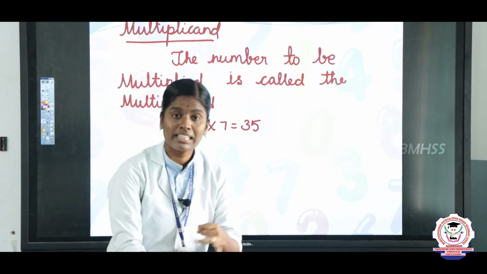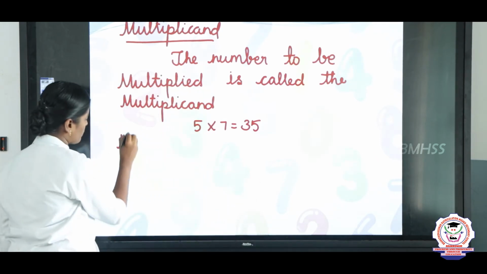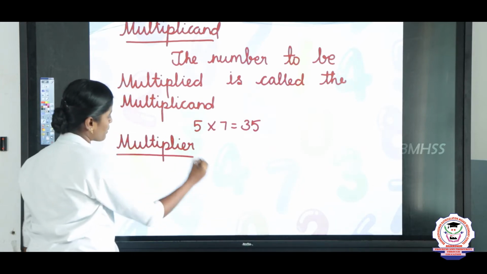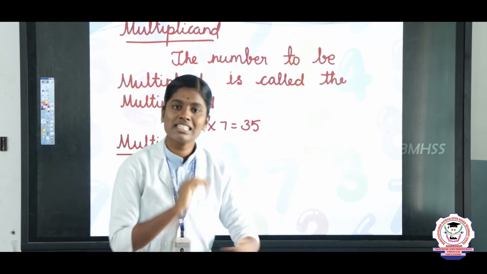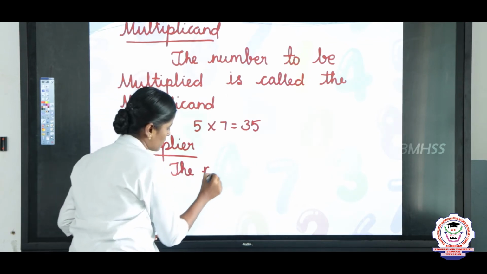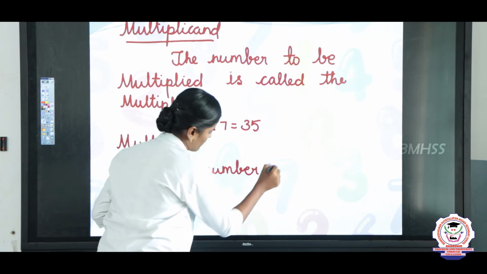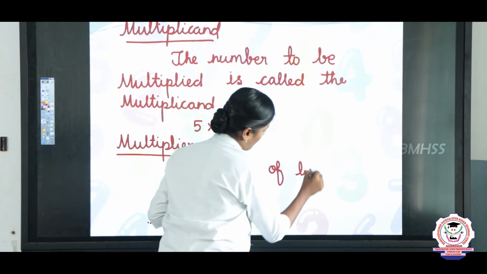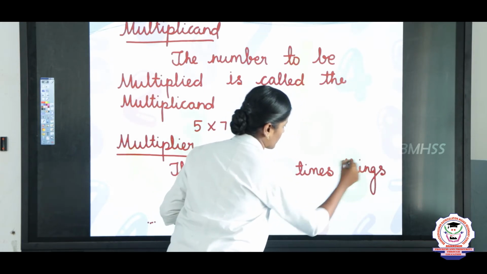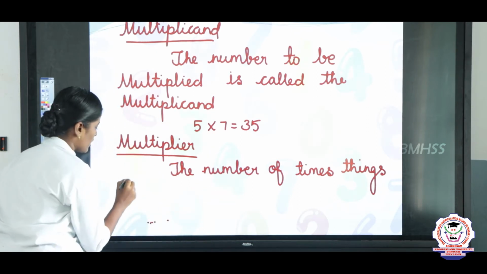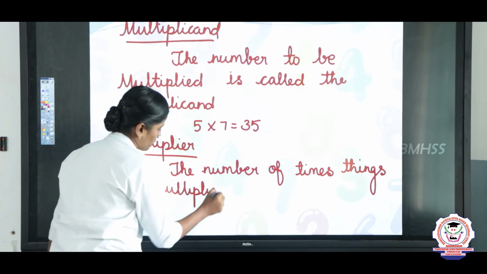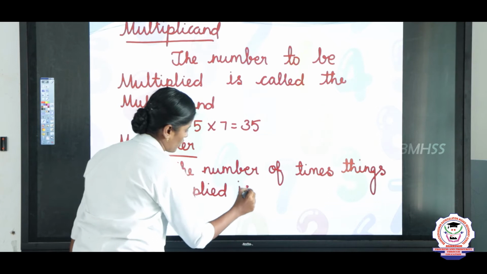Next we are going to see the multiplier. So what is meant by multiplier? The number of times the thing gets multiplied is called the multiplier.